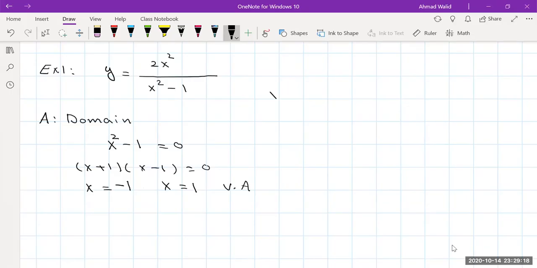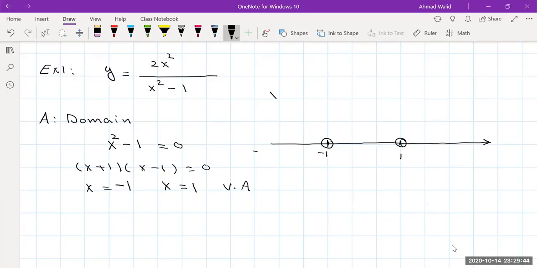And we also call these the critical values, or the numbers that I want to show on the number line, correct? Here, for example, negative 1, here 1, I'll mark 2 points. x cannot take 1 and x cannot take negative 1 because they are the vertical asymptotes.